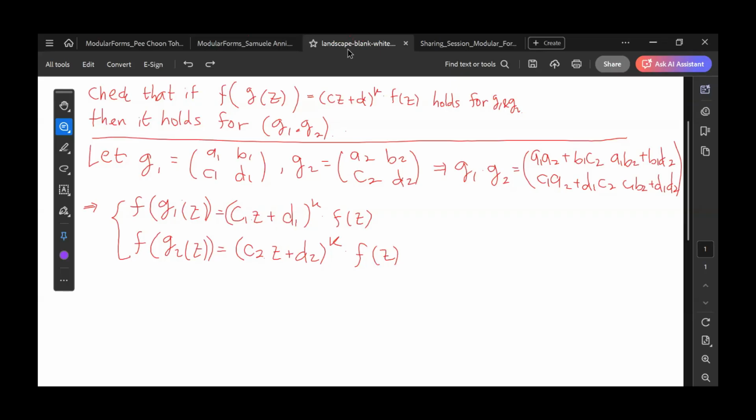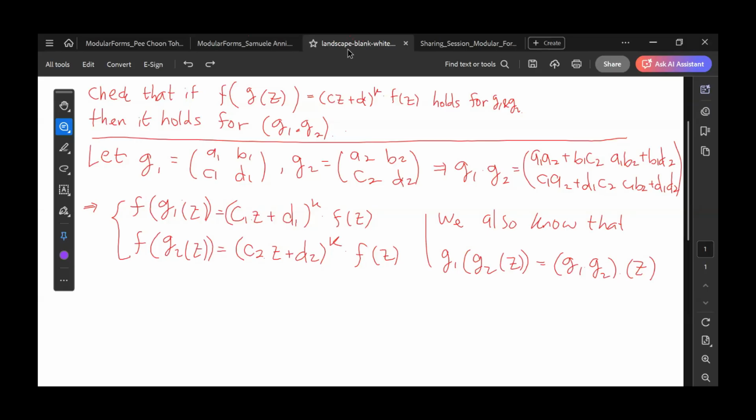We also know from the beginning that G1 composed with G2 of Z is the same as if we multiply the matrices first, right?